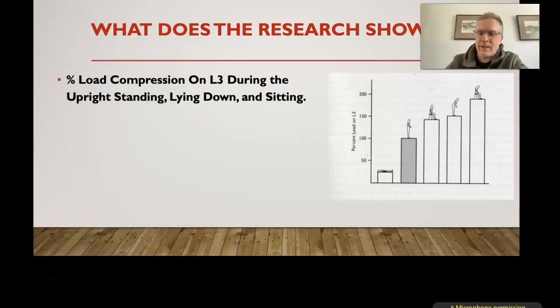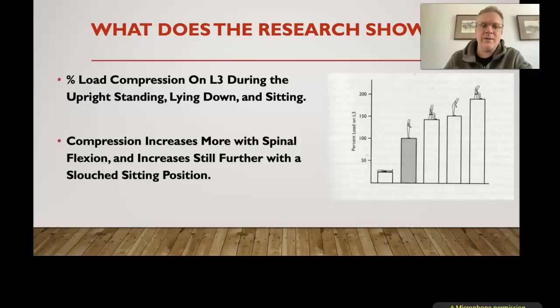Which one do you think is worse? Now, it's definitely giving it away here in the overall worst. I thought actually standing and flexing forward would be the worst, and I thought sitting would maybe be a little bit more support. I was wrong. So compression increases more with spinal flexion and increases still further with a slouch sitting position.